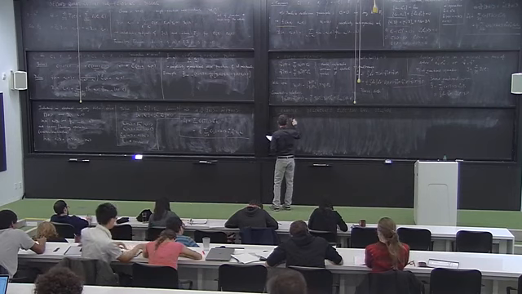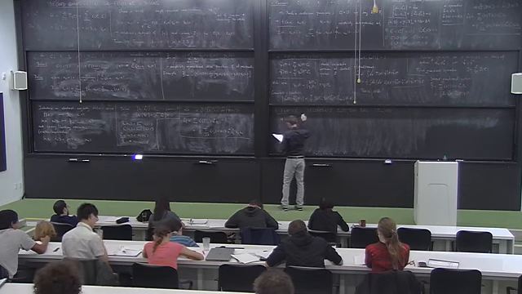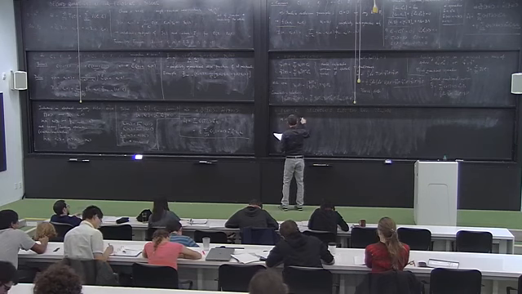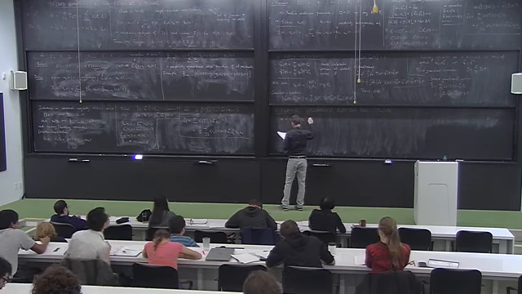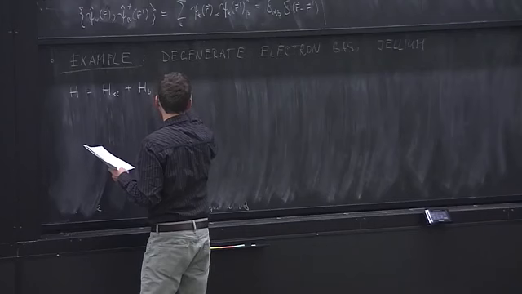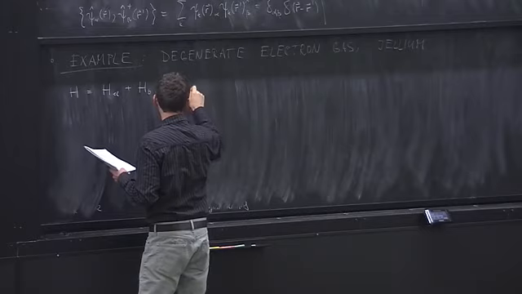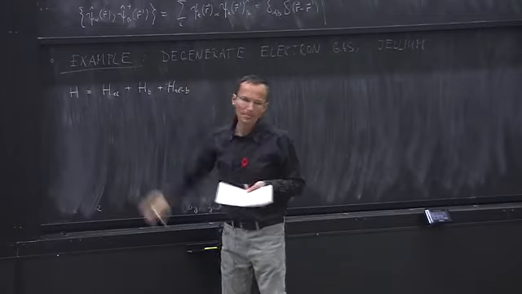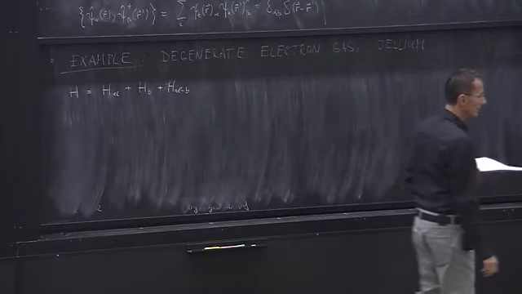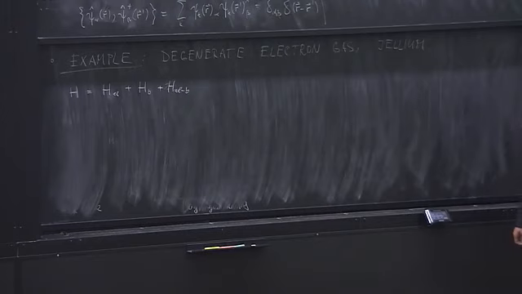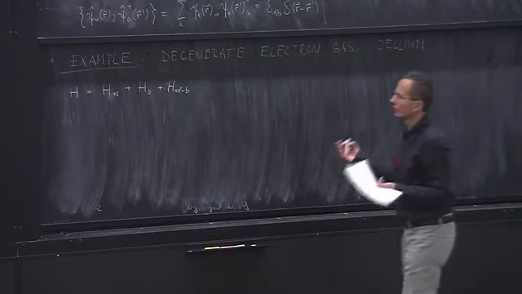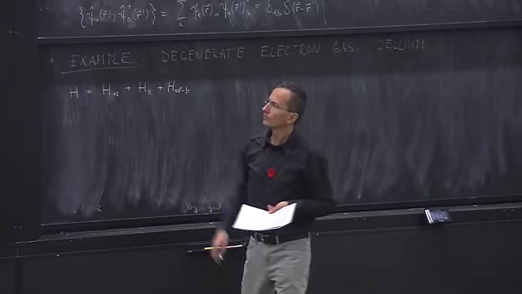There are three pieces. There's a purely electronic Hamiltonian, which contains kinetic energies of all electrons and their Coulomb potential.